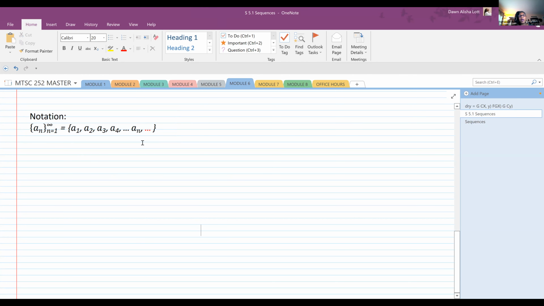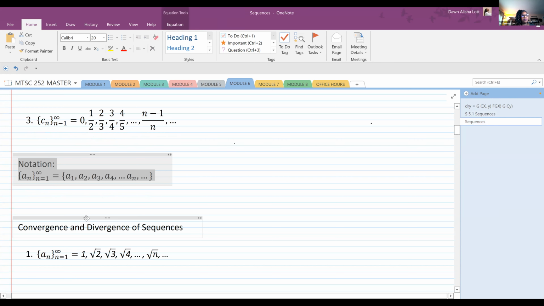So if you put it in brackets or you don't, you still need to have the dots, because this is an infinite sequence. Any questions? All righty.